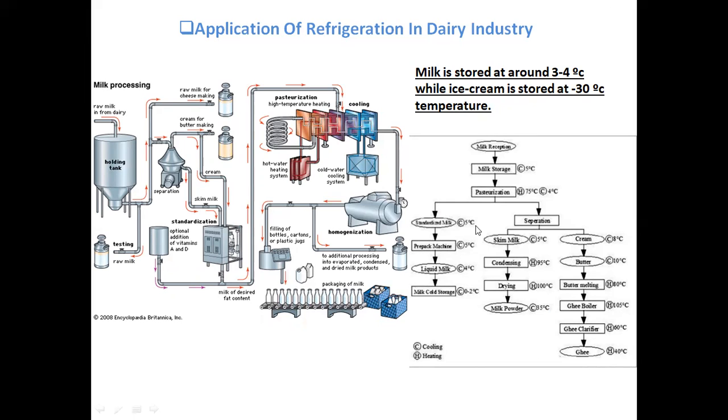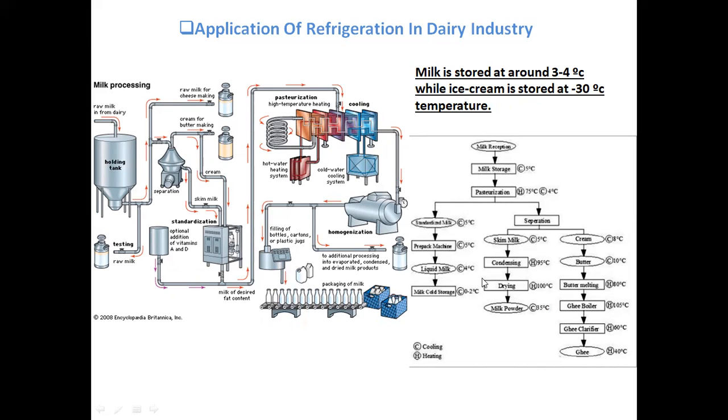The temperatures that you have to maintain at various stages of milk processing are shown on this flow diagram. As you can see, initially the raw milk is stored at 5 degrees Celsius, then it is pasteurized from 75 to 4 degrees, then standardized at 5, then pre-packed liquid milk, and milk storage at up to 2 degrees Celsius.